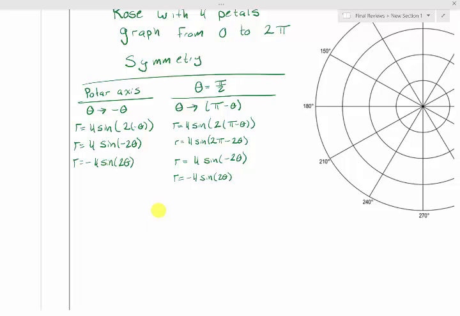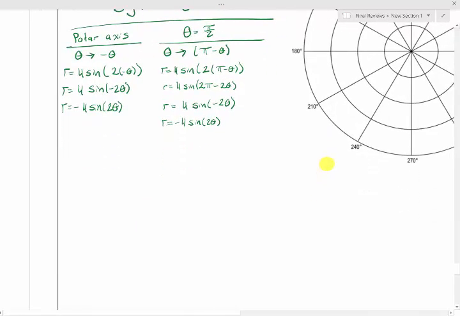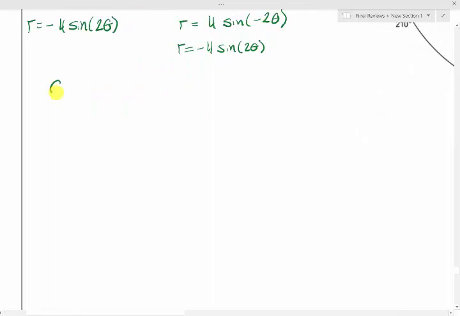Usually I like to graph at least 9 points when it's this big of a range, but you can graph less if you want. It won't be as detailed, or you can definitely graph more. Graphing more will definitely give you a very detailed picture. So of course I'm going to start out with my first angle being 0.